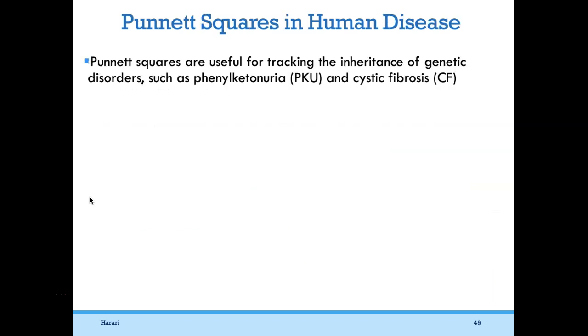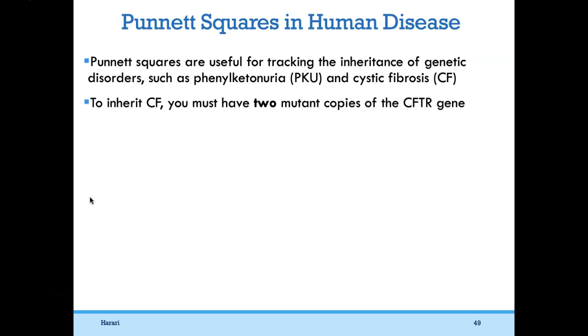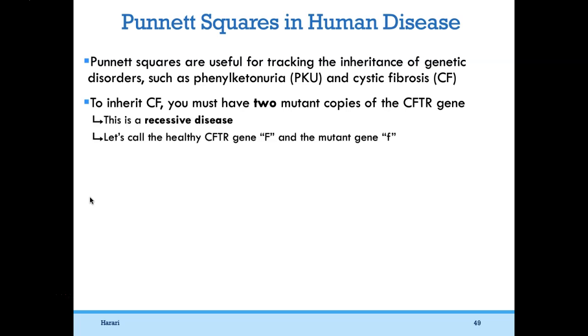So Punnett squares can be used to track the inheritance of genetic disorders like phenylketonuria and cystic fibrosis. Just like phenylketonuria, to inherit CF, cystic fibrosis, you need to have 2 mutant copies of this CFTR gene. So this is another recessive disorder.